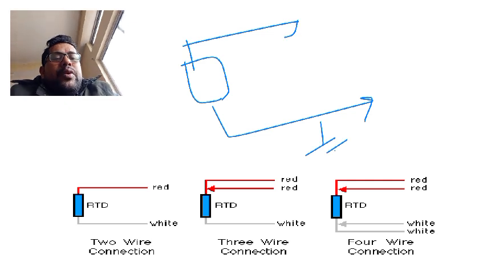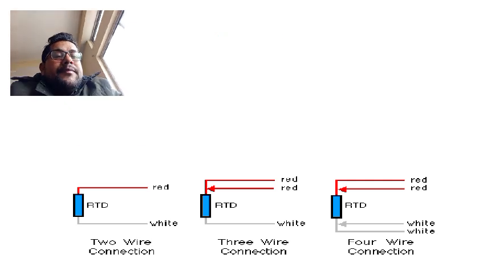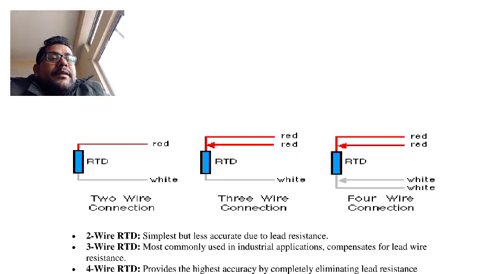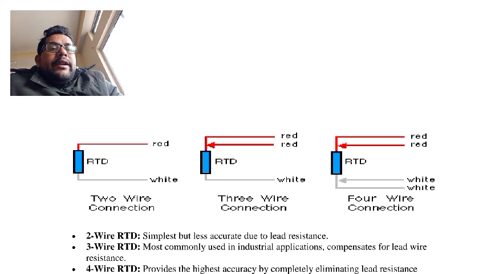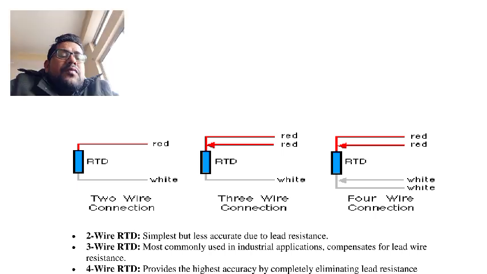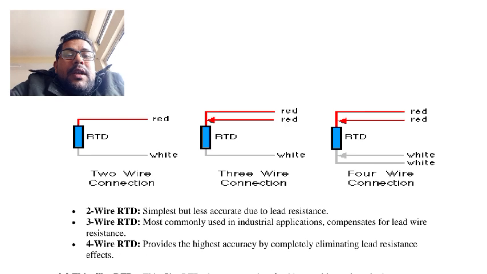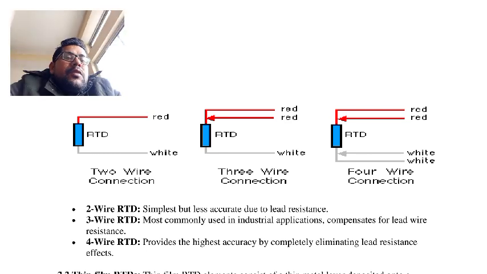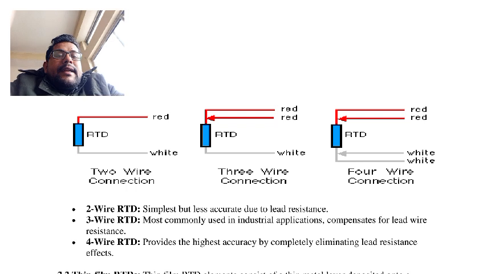It is a simple connection. The 2-wire connection is provided here, and this is the example of a 3-wire connection. It will look like this: 4-wire connection, 3-wire connection, 2-wire connection.